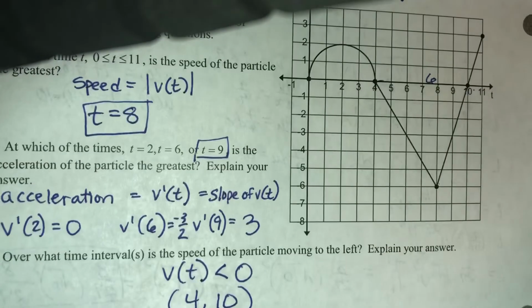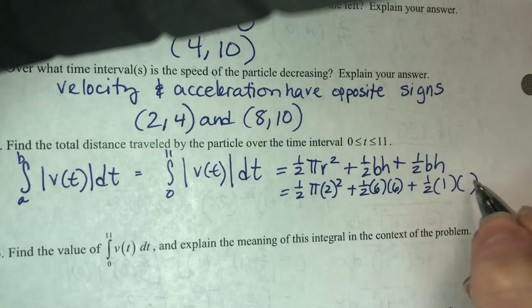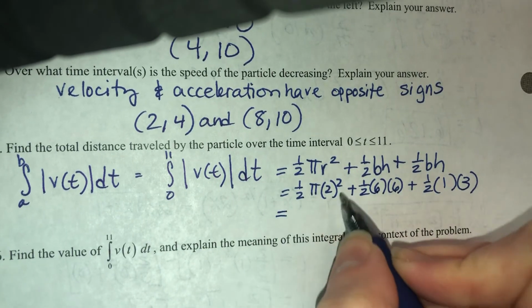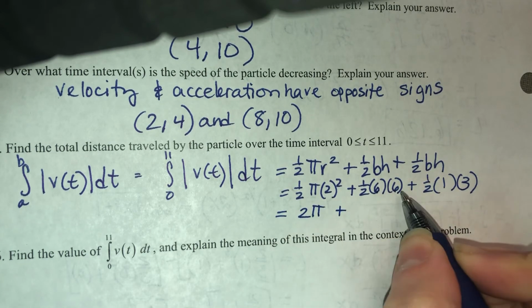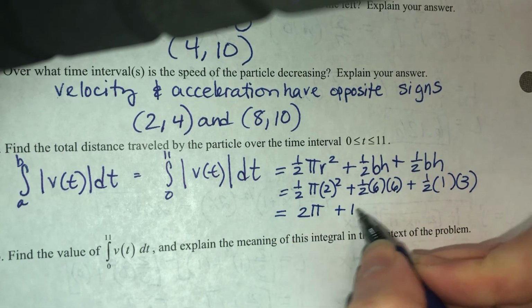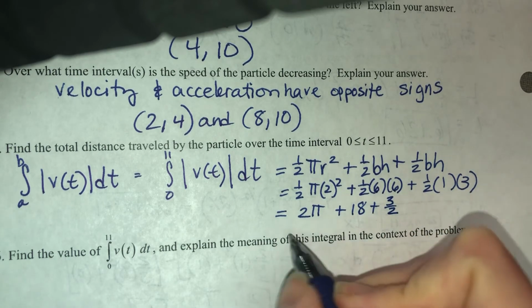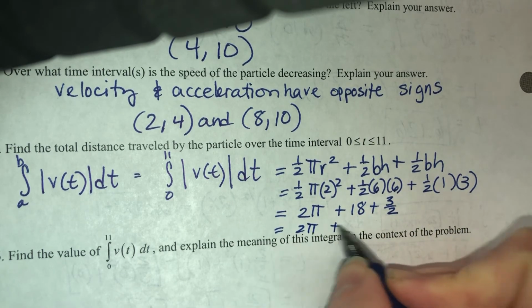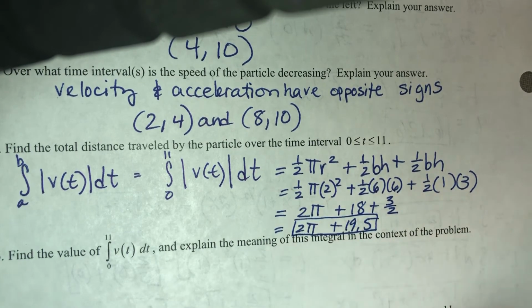And now this one has a base of 1 and a height of 3, so 1 and 3. And now we just do the arithmetic. 4 divided by 2 is 2 pi plus, this is 36 divided by 2 is 18, and then 3/2, or 1.5, so 2 pi plus 19.5 is your total distance traveled.